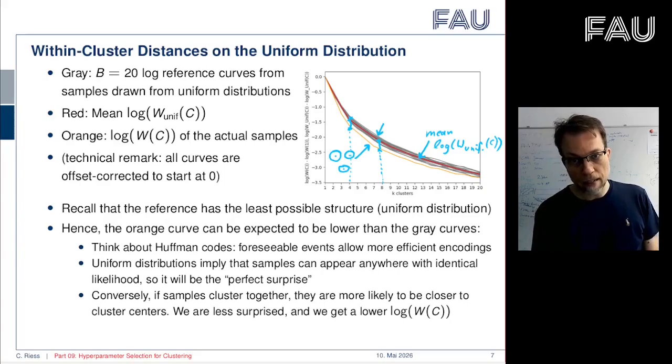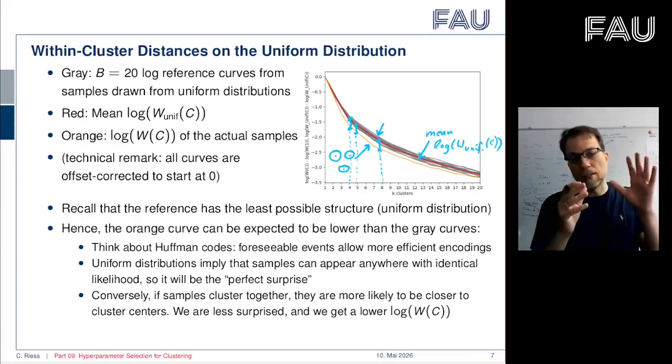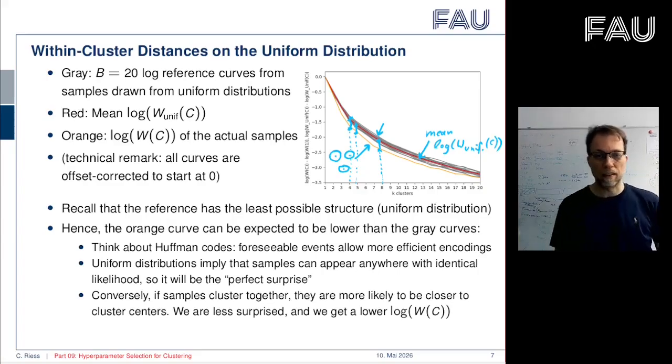And if that difference is particularly large for one k, particularly considering the k plus 1 value following afterwards, then we say, okay, we take that k, it already isolates enough structure in our data, so we pick that. Okay, so this is the idea.